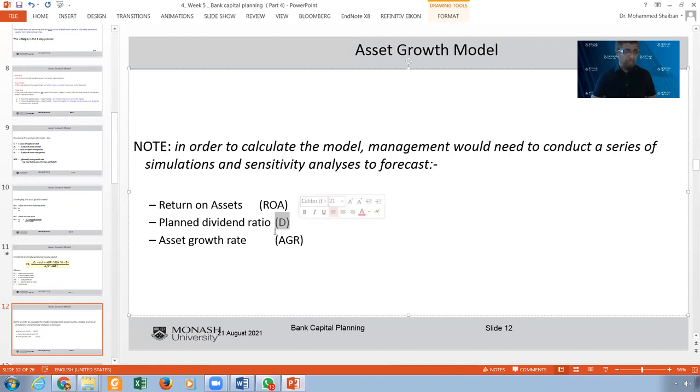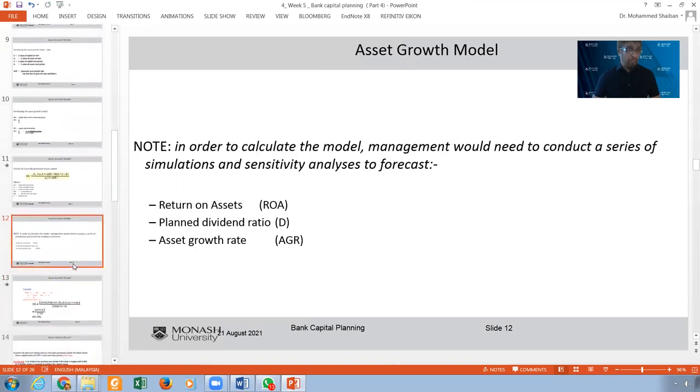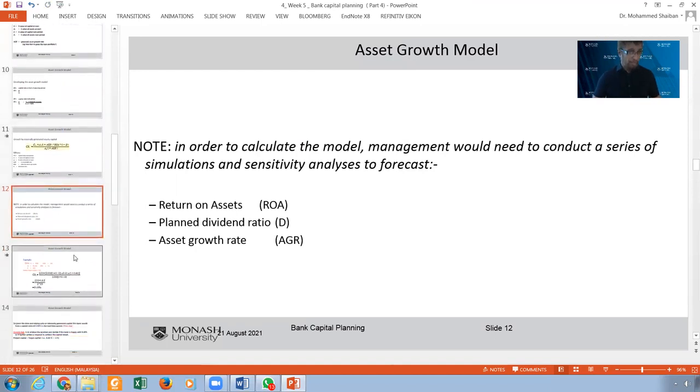Of course, the dividends, you have to be sure about them, which can be based on a constant payout, and also the growth. When we say I'm going to grow 10%, are you going to grow 10%, or are you talking about growing 10% and you put 20% in the model? It's different. So management has to come up with forecasting, calculations and simulations to reach a very accurate number. It cannot be 100%, but we assume that it will be a very correct number.